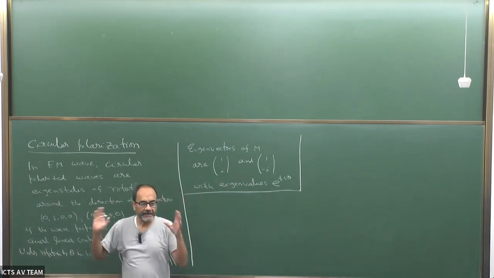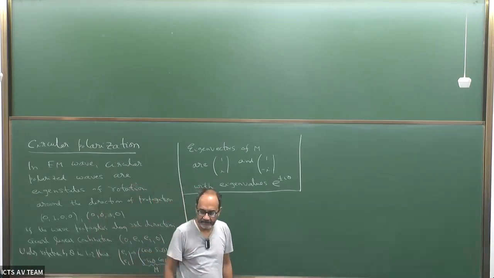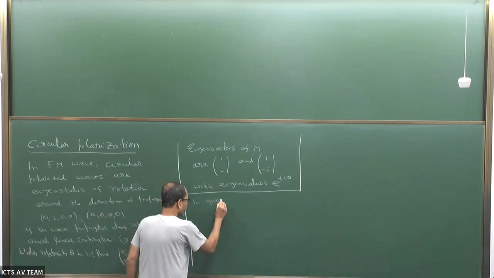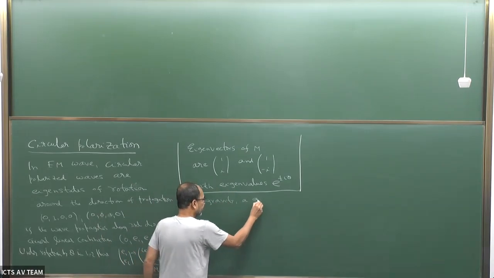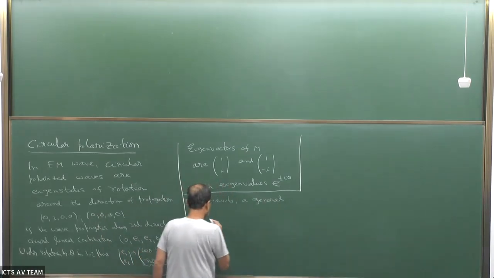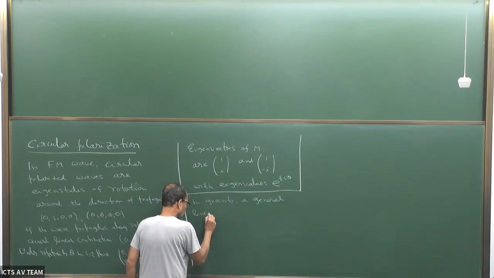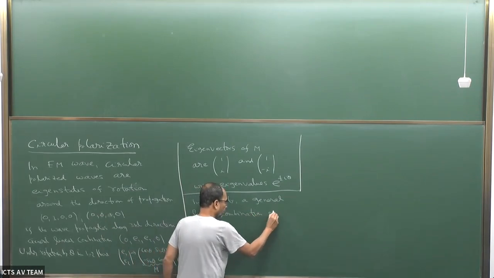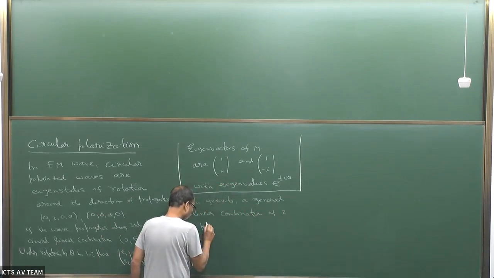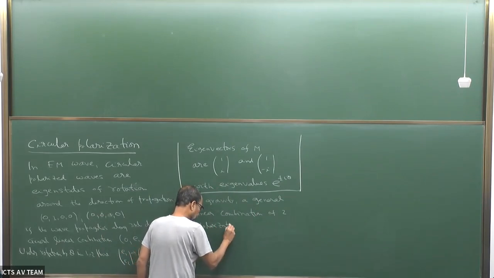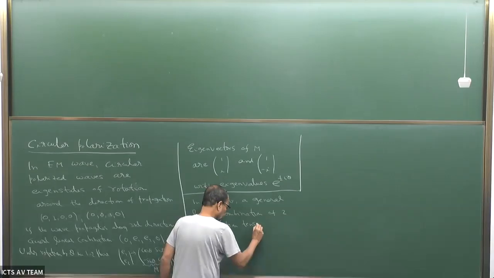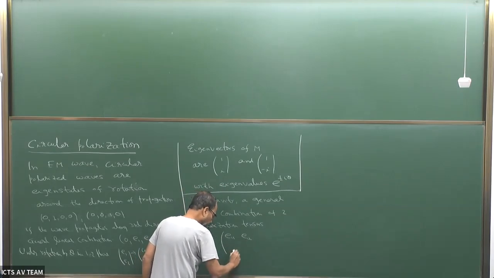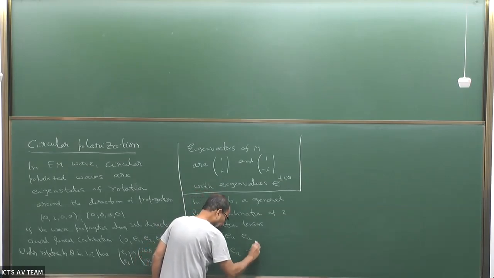If we take a general linear combination of these two polarization tensors, it can be written as U11, U12, U12, minus U11.